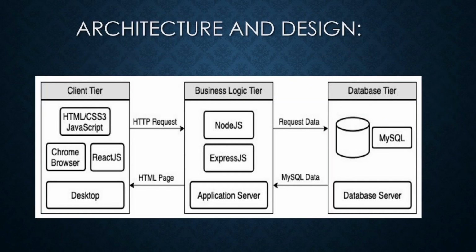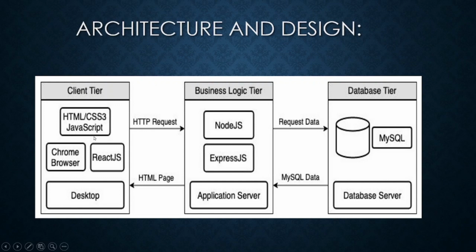This is the architecture and design of MERN, where MERN is a full stack development application made up of three-tier architecture. First, the front tier or client tier is made using HTML, CSS, JavaScript, and React.js and any browser.